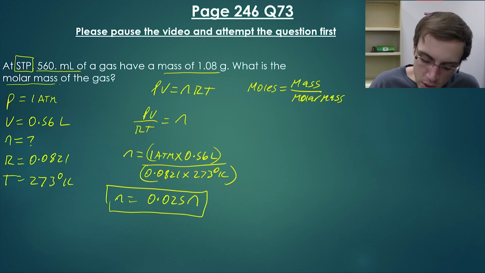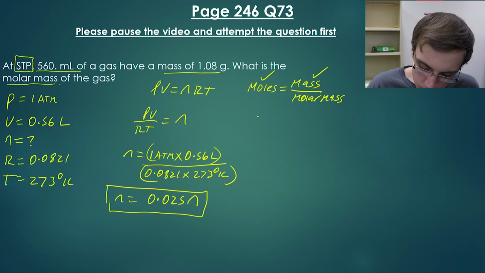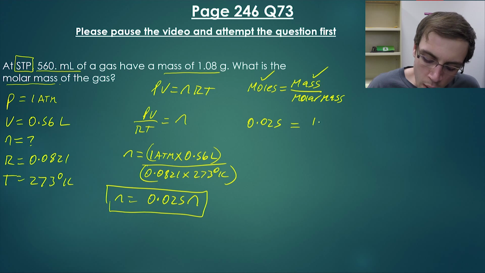Now that we have our moles and we have a mass, it's time to calculate our molar mass. So we can go moles, which is 0.025, is equal to 1.08 grams divided by our molar mass.